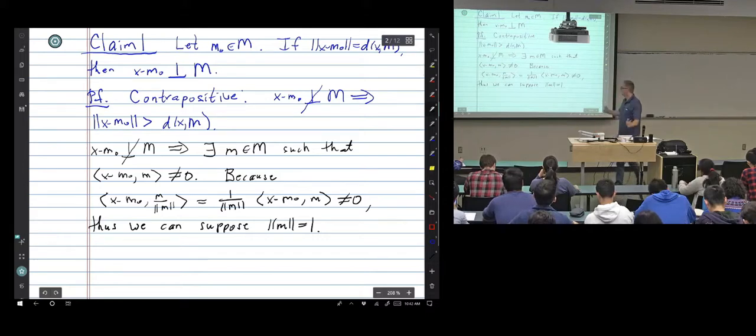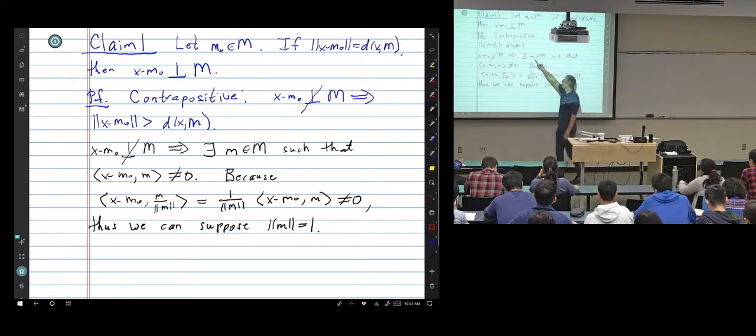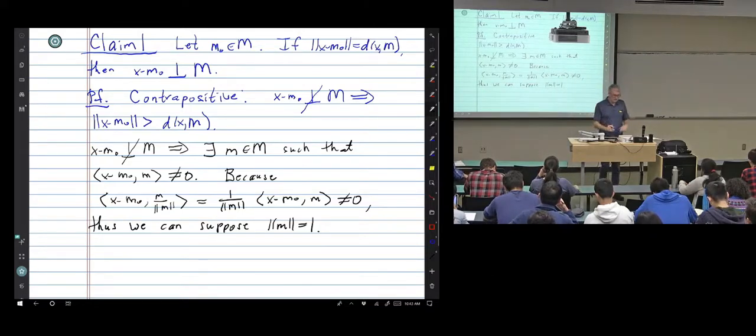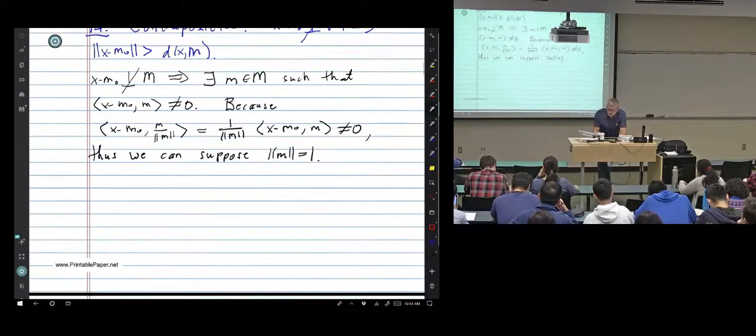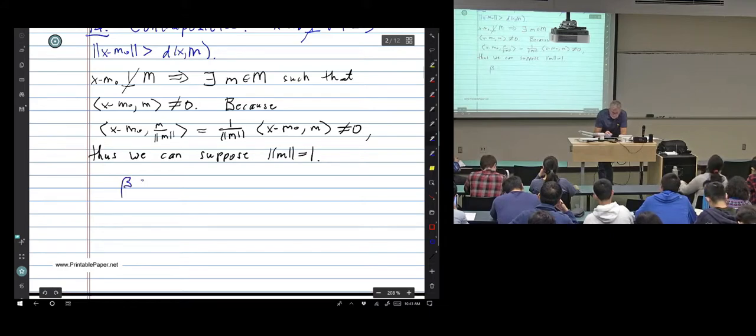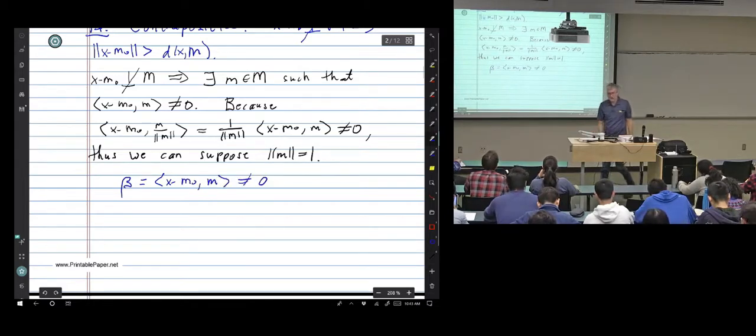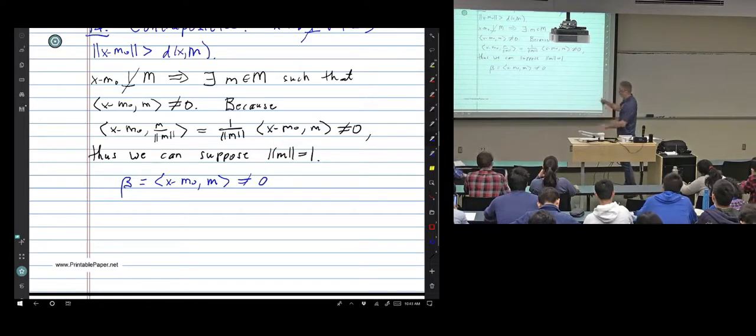So we can just always normalize it. When we chose our m, we just scale it so its norm is 1. We're going to make use of that. Okay, so now I have this coefficient I'm going to define, beta, is x minus m0 inner product with m, and I know that's a non-zero number.